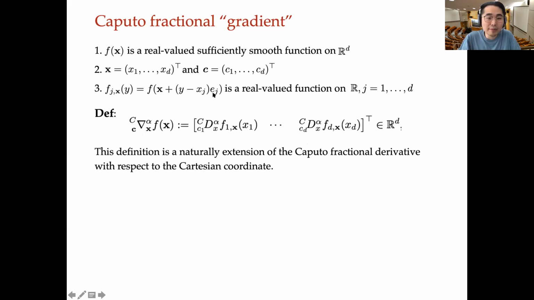Of course, this can be defined more generally. If you have some specific coordinate system in mind, you can easily replace the standard basis vector with whatever coordinates you have in mind. As you can see, this is a natural extension of the Caputo fractional derivative with respect to Cartesian coordinates.